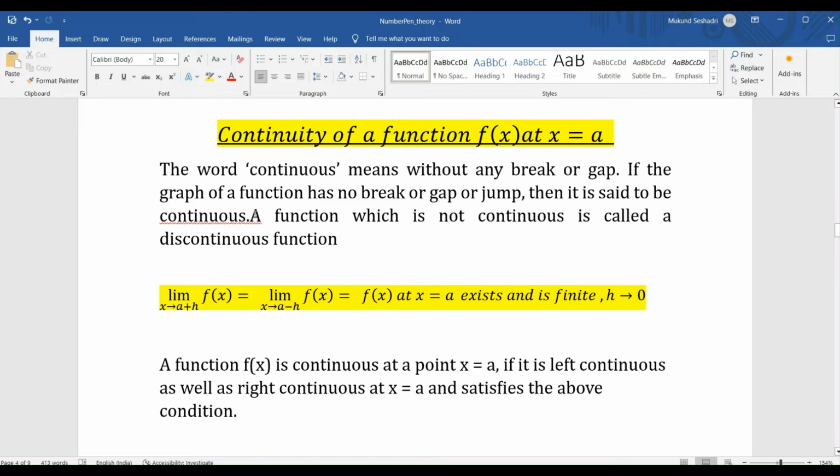Right? Let's assume that we've been asked to determine if a function is continuous at a particular point x equals a. Now, what does continuity mean? I go back to the English meaning, right? Without any break or gap.